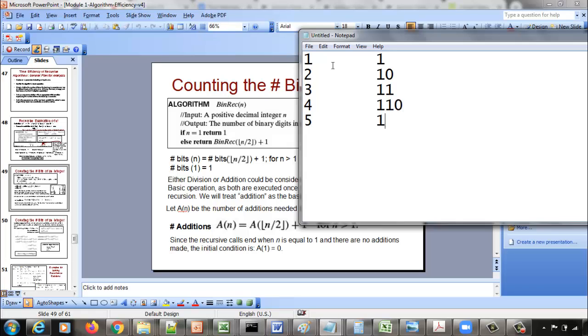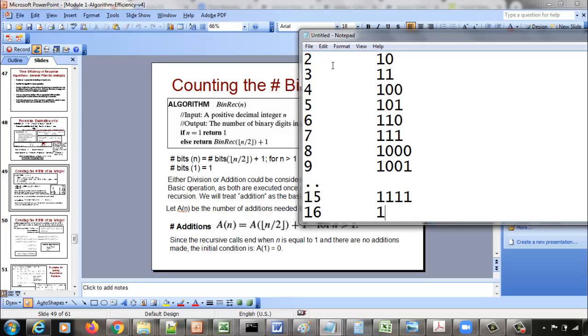For 5 it is 1 0 1. 6 is 1 1 0. So I made a mistake here. It is 1 0 0 for 4. Then 7 is 1 1 1. Then 8 is 1 0 0 0. 9 is 1 0 0 1, and you can go all the way to 15, which is 1 1 1 1.